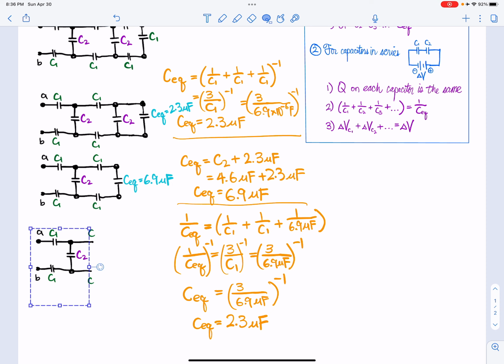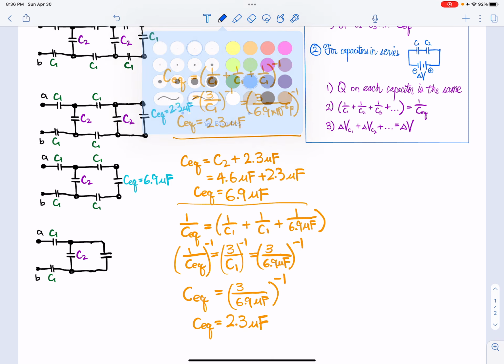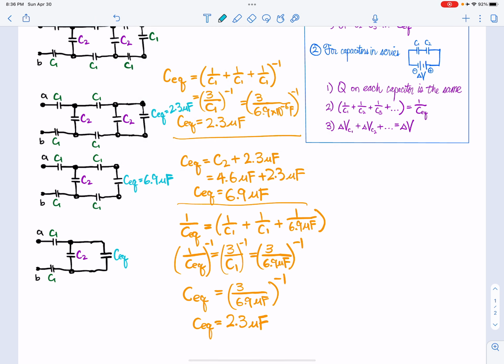Okay, so here I have C equivalent equals, again, 2.3 microfarads. All right.